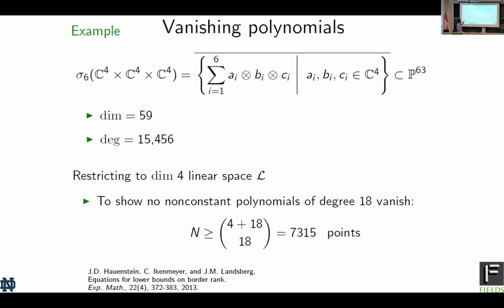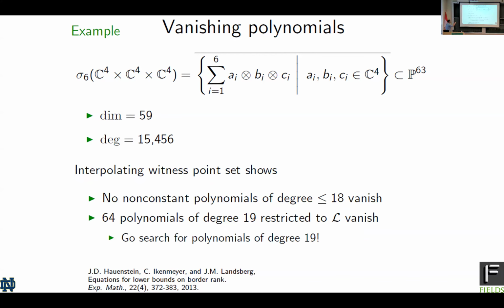And so we generated sample points and then set up this matrix, and this matrix was full rank. So there are no polynomials of degree 18 or smaller that vanish on this variety. So that's a nice, simple technique to do that.